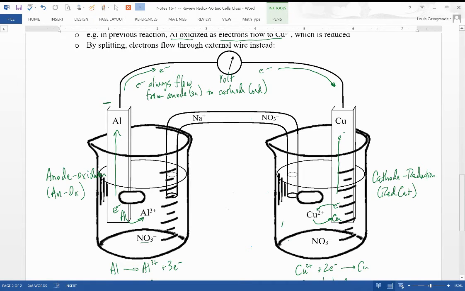So this would be the negative pole of a battery. So if this was a battery, this would have the negative. The cathode is always the positive, because look what's happening. Positive is attracting electrons, and the negative is the source of electrons. So negative sources the electrons, the positive attracts the electrons.